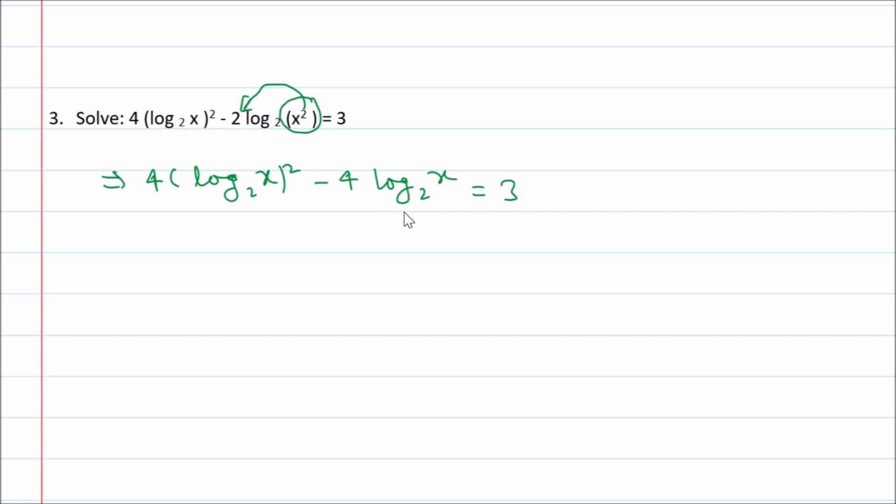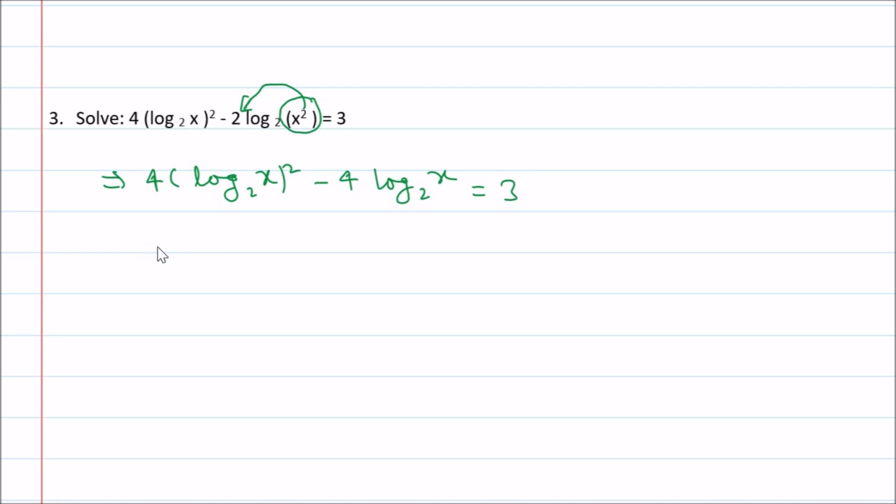Now if you notice, we have log x base 2 here, log x base 2 here in both the terms, but one is a square, other is power 1. What does that mean? We can write a quadratic in terms of another variable.